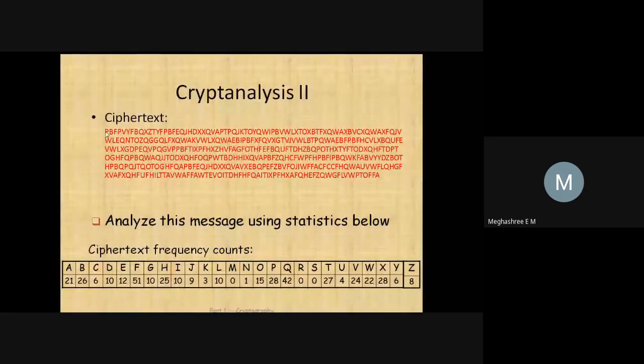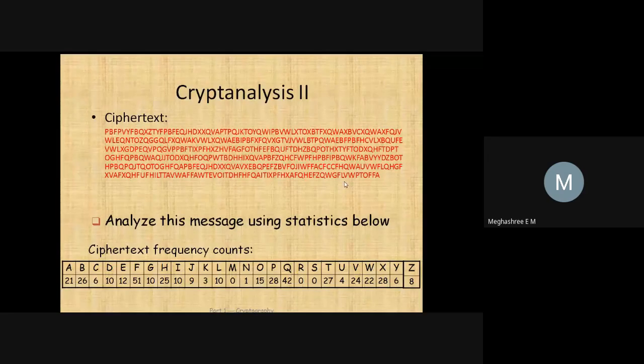He will make a count of each and every letter of the English alphabet, like A: how many times has it occurred in this ciphertext? It has occurred 21 times. The letter B has occurred 26 times. You can count it here. So each and every letter is counted and the statistics written here.